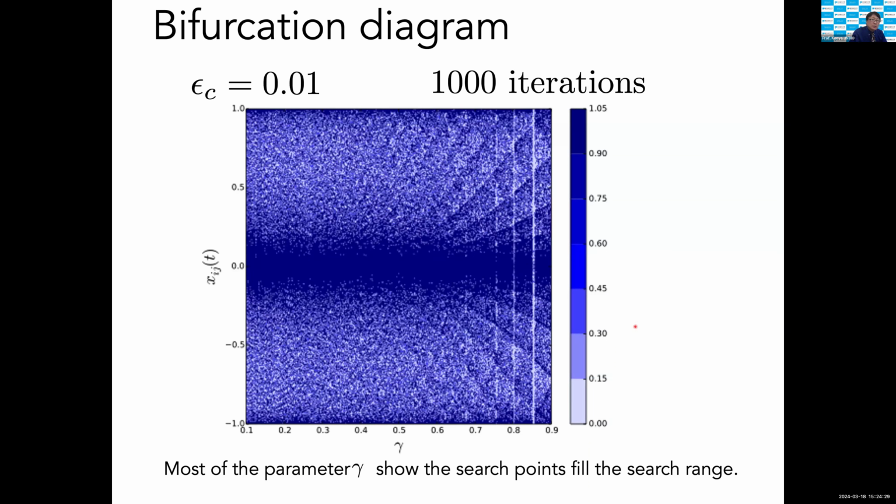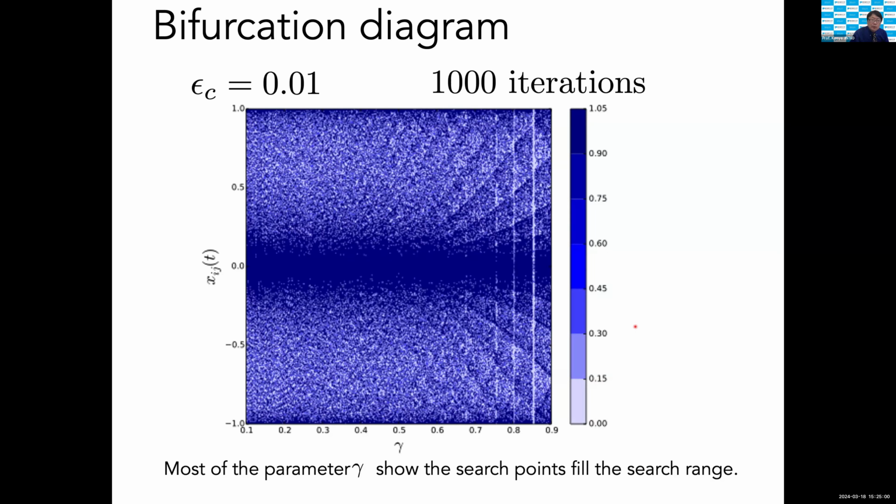This graph with the parameter gamma on the horizontal axis and the search range on the vertical axis displays search points over 1,000 iterations. This type of graph is called a bifurcation diagram. As shown in the bifurcation diagram, for most values of parameter gamma, the search points fill the search range.